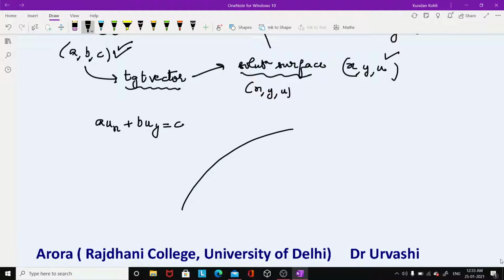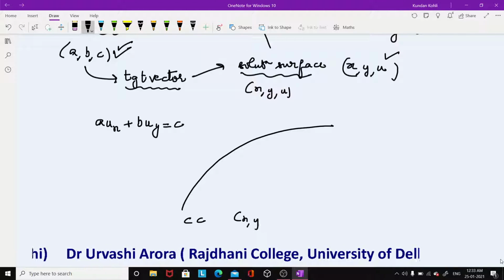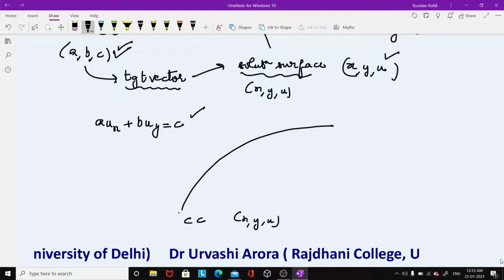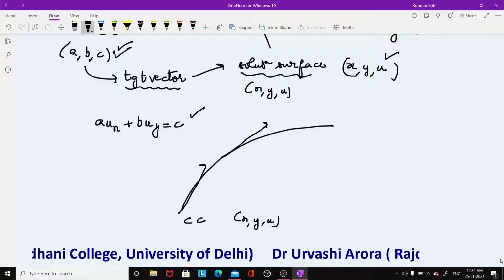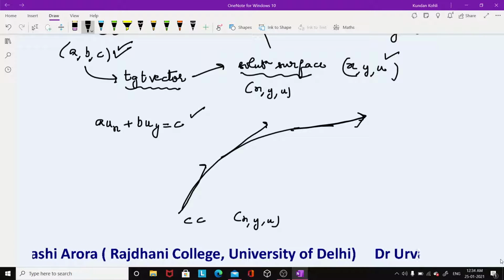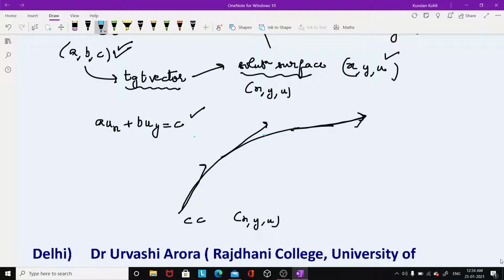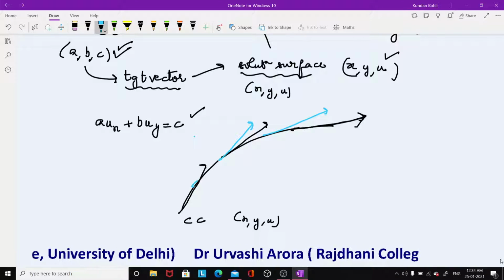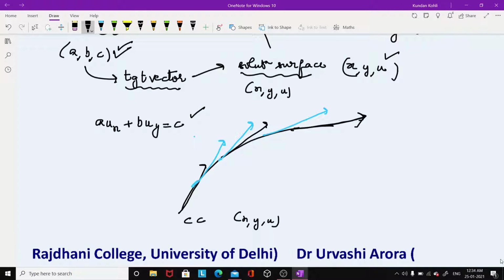Now, when we talk of a characteristic curve, the characteristic curve in the xyu space with reference to this equation is that curve which is such that if you draw the tangent to this curve at any point, and let me take some other color, these tangents must coincide with the characteristic direction.